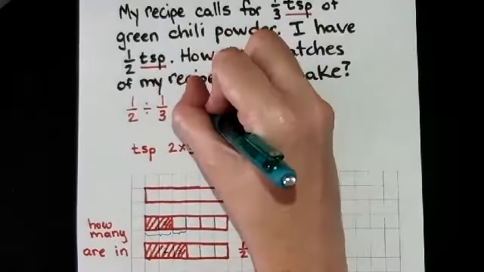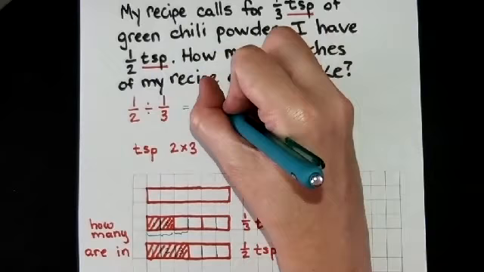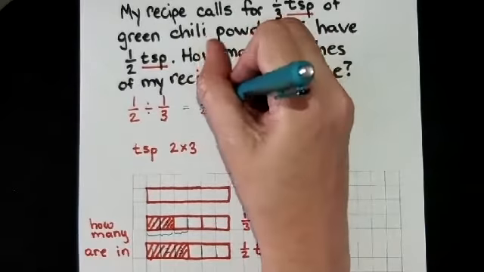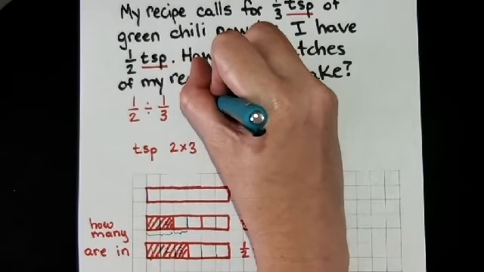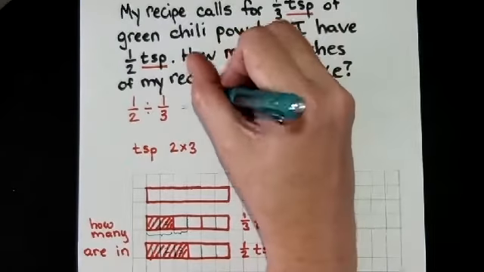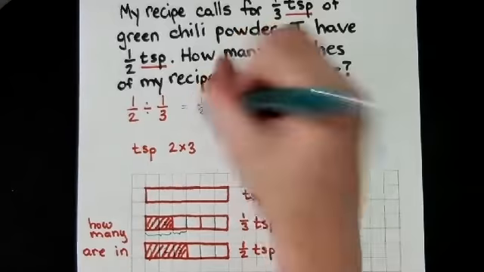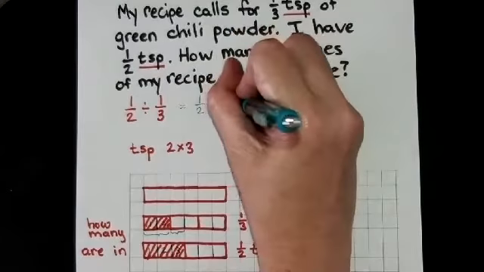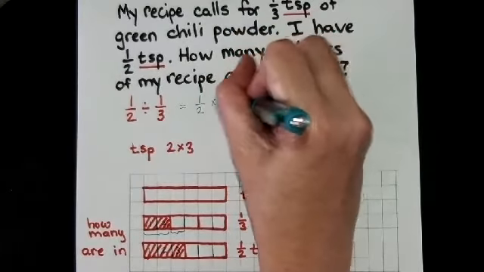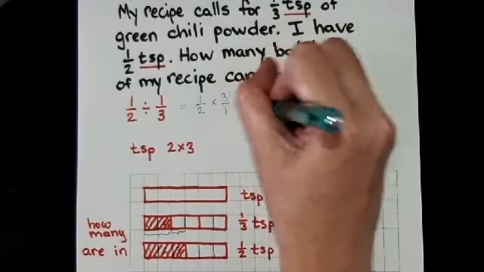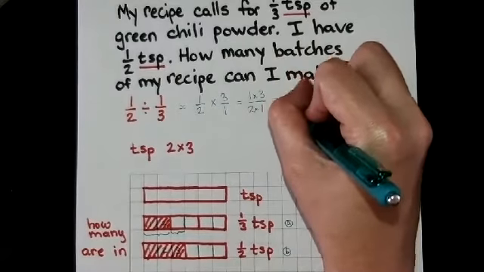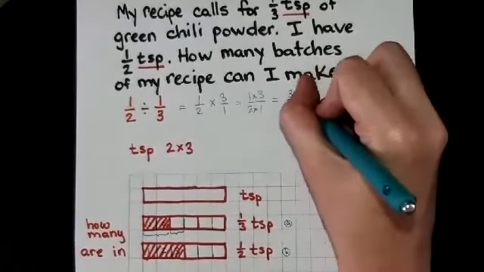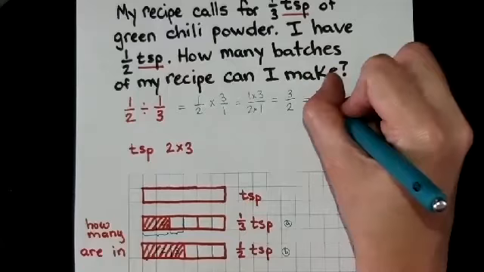So we keep the first fraction, we change the operation and we flip the second fraction. And now we multiply across the numerator and separately across the denominator for the result of 3/2, which is 1 1/2.